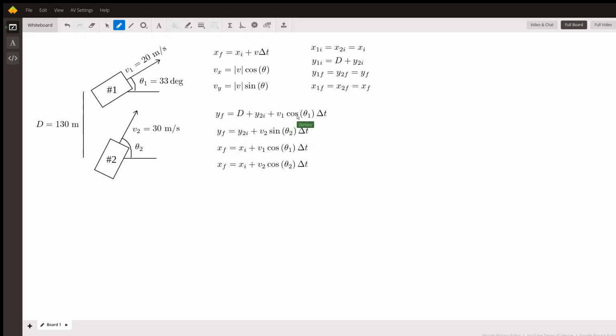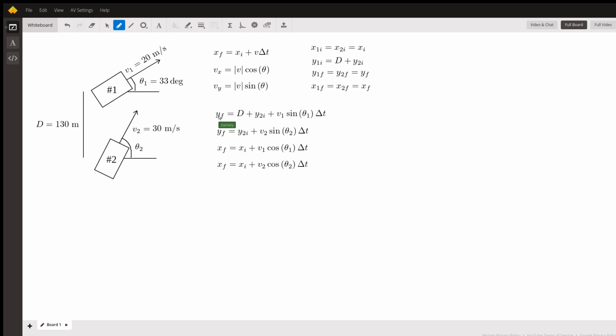Oh, I messed up. This cosine should be a sine. My mistake, let me fix that really quick. Cosine should be a sine. There we go. So sine theta 1, then sine theta 2 for car number 2, and then our x final coordinate should be x initial plus v1 cosine theta 1, and for car number 2, x initial plus v2 cosine theta 2. So these are your starting equations.